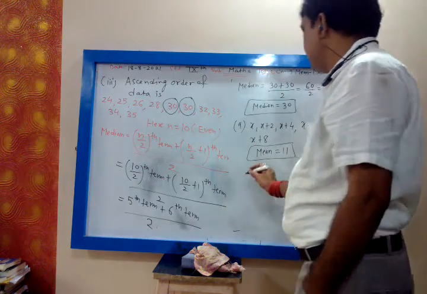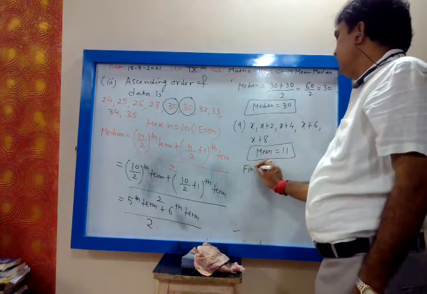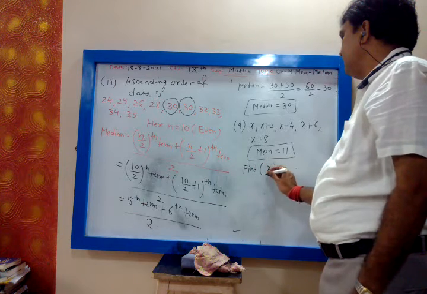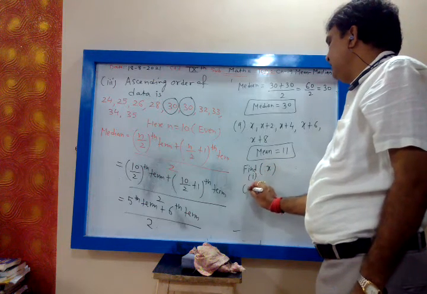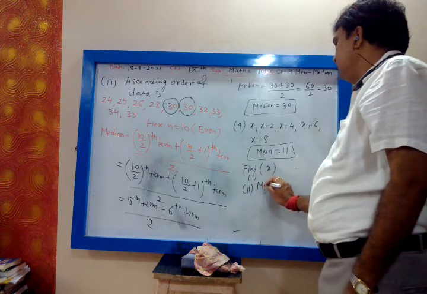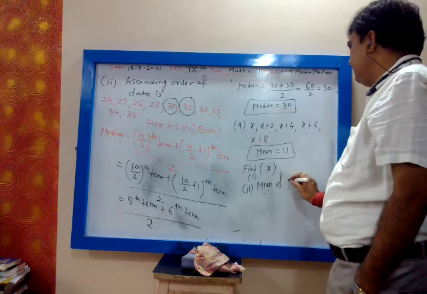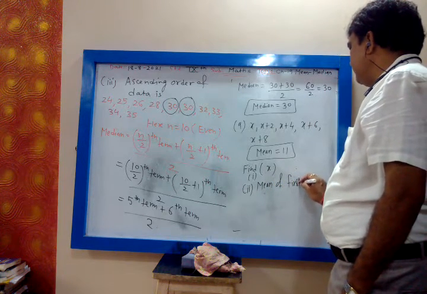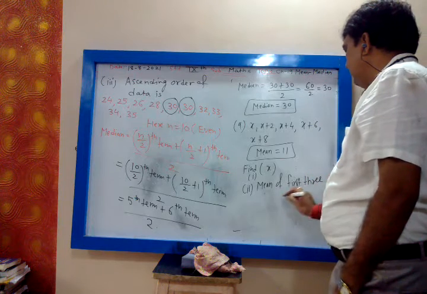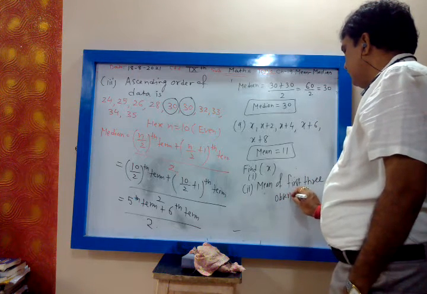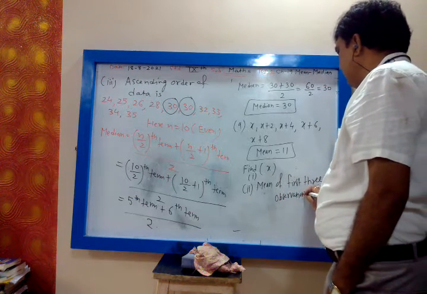Find x. What do you have to find? You have to find x first. Then second, after finding x, find the mean of the first three observations. So very quickly find x.